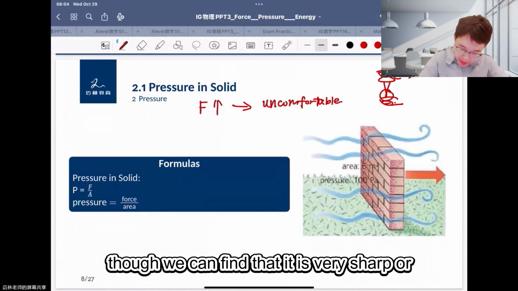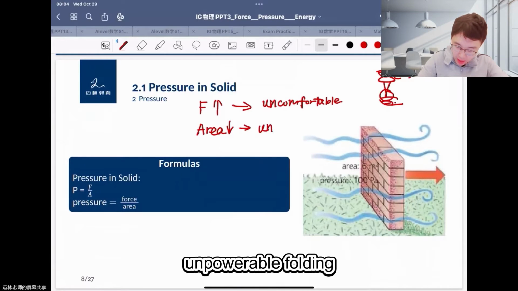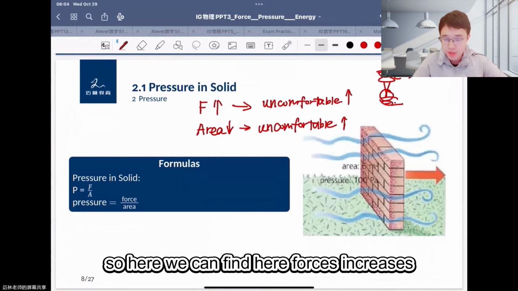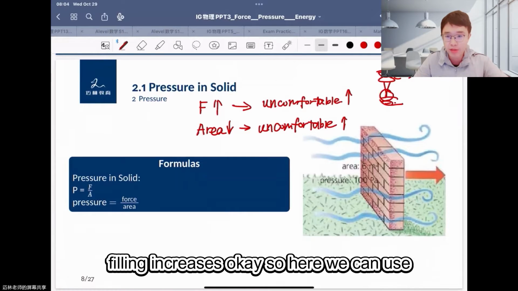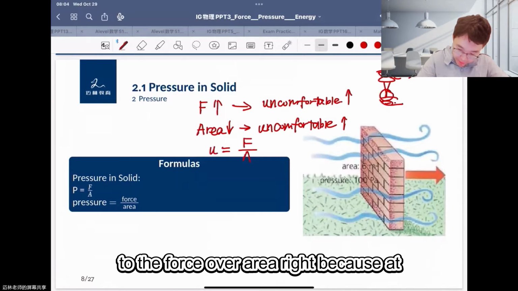So we can find that if it is very sharp, or the area of the section is very small, that will make the uncomfortable feeling increase, right? So here we can find that force increases and area decreases will make the uncomfortable feeling increase, okay? So here we can use a formula: uncomfortable feeling equals force over area, right?